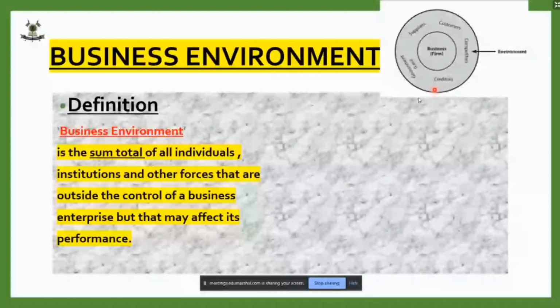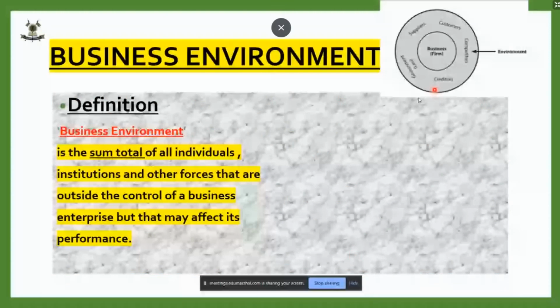So in totality, all this comprises the business environment. So what is business environment, children? The definition was, it is the sum total of all the individuals, institutions, and all the forces like political, economical, technological, social, which are outside the control of the business but have an impact on the business. That is known as business environment.